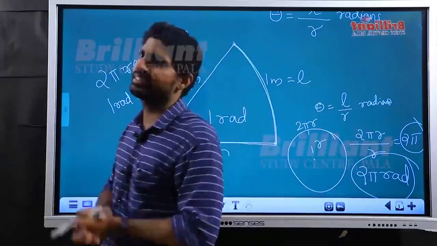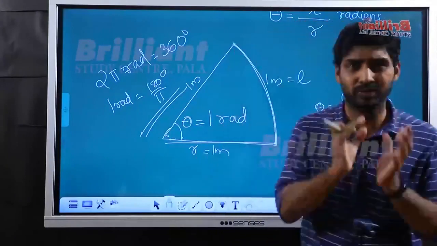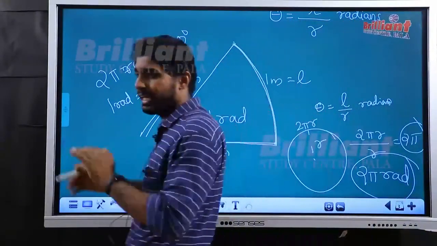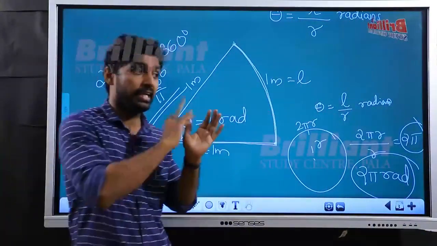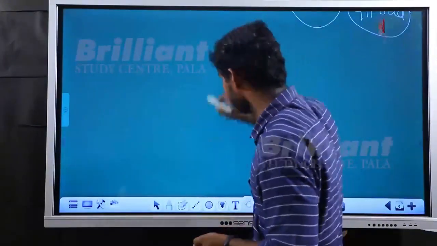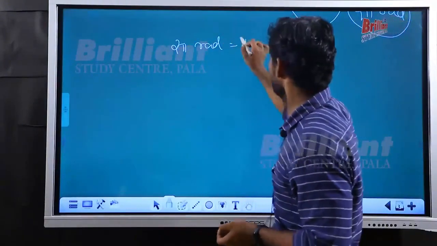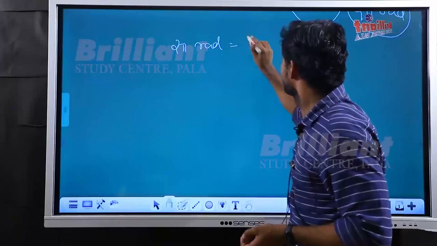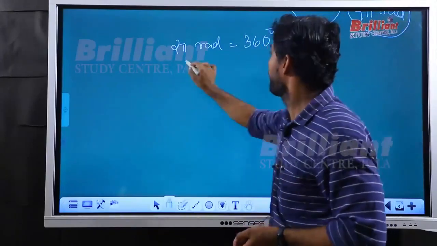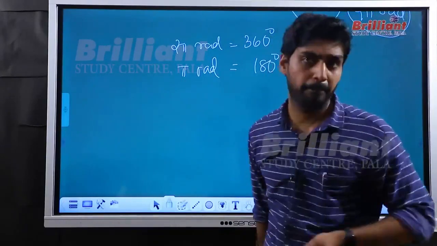Then angle corresponding to a semicircle is pi radian, that is 180 degree is pi radian. The angle corresponding to a quarter circle, that is a 90 degree angle, is pi by 2. You can just note it over here. 2 pi radians, it is 360 degrees. Pi radians, it is 180 degrees.